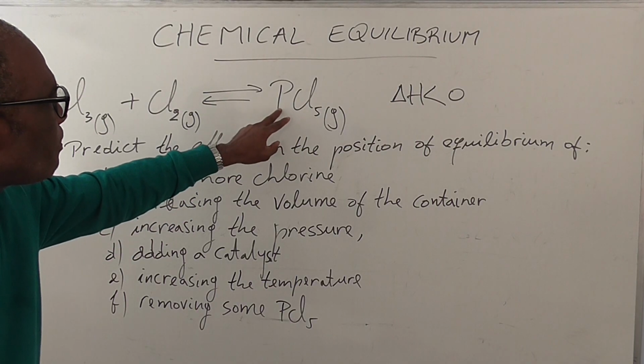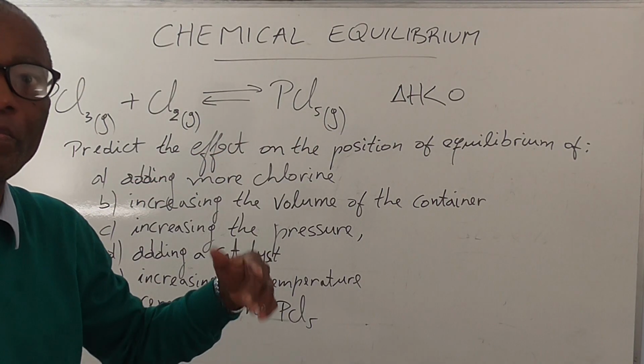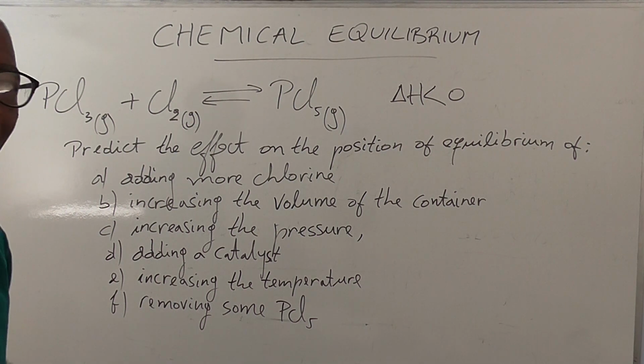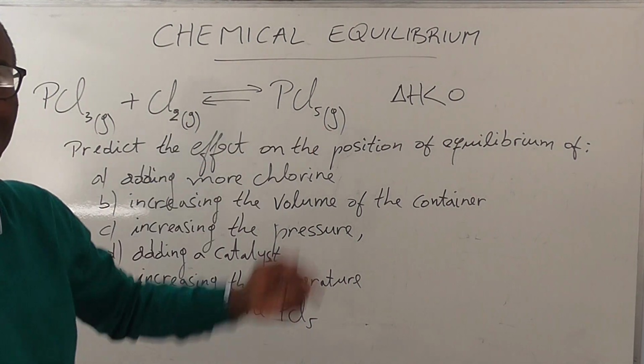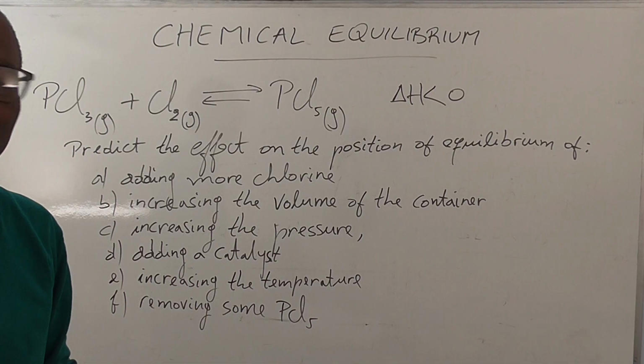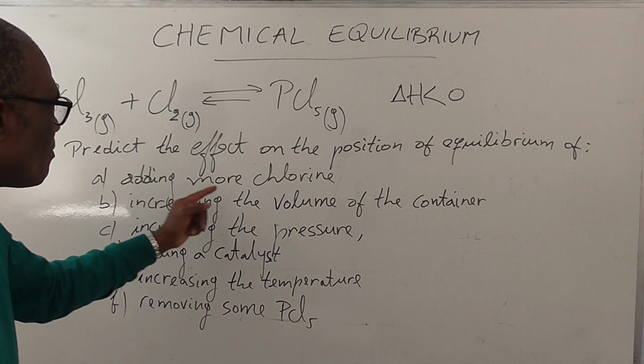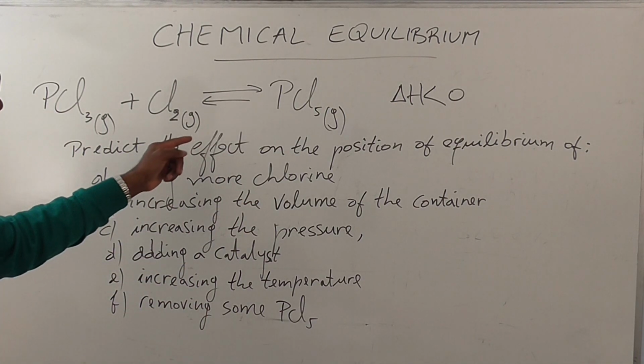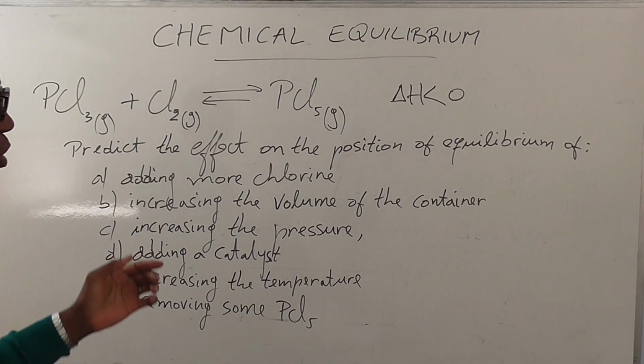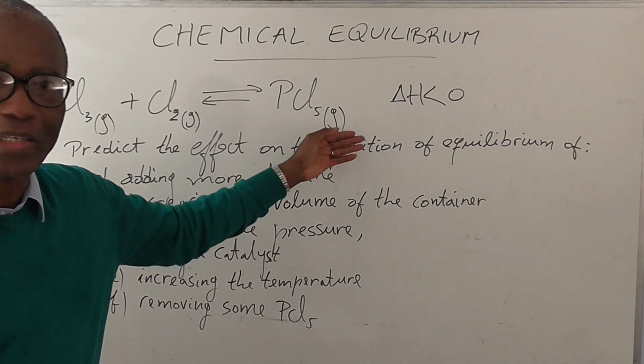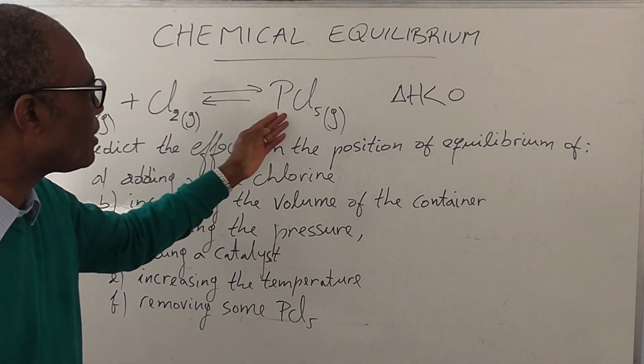So more PCl5 will be produced, and the equilibrium shifts to the right.